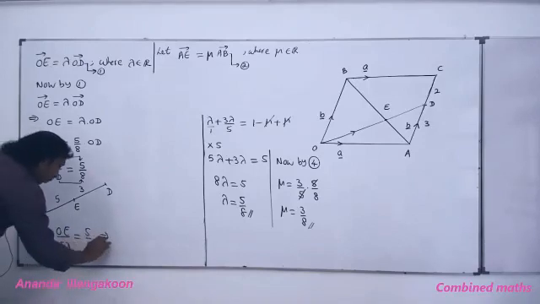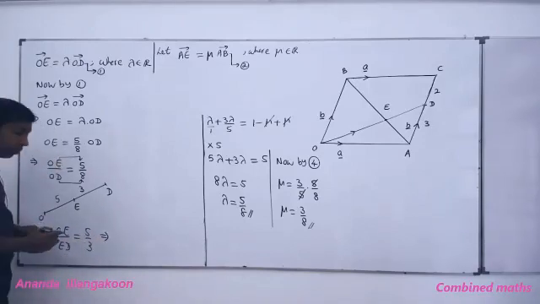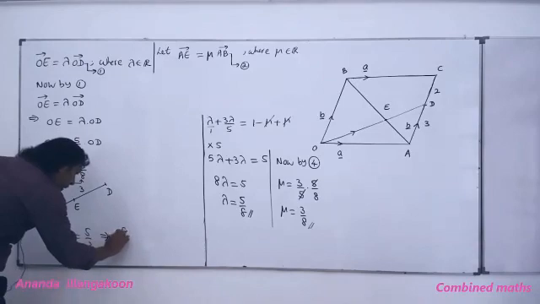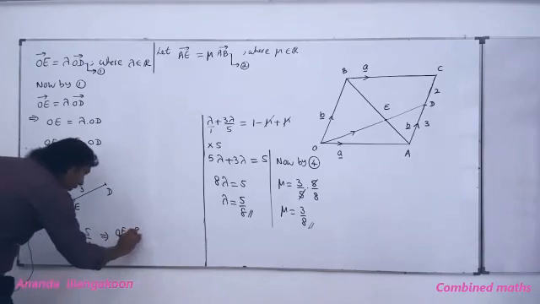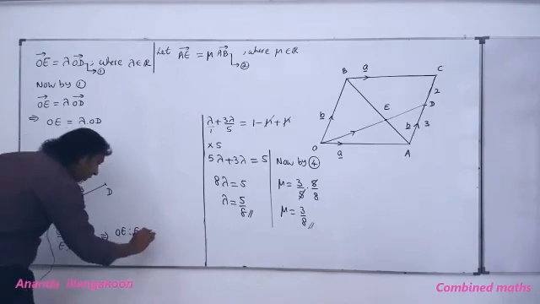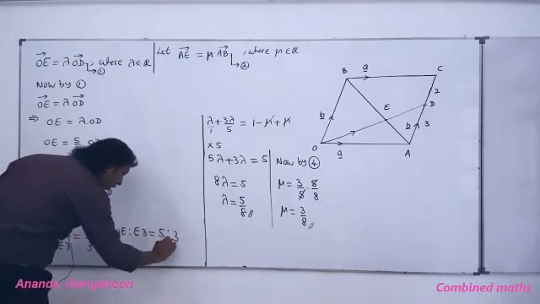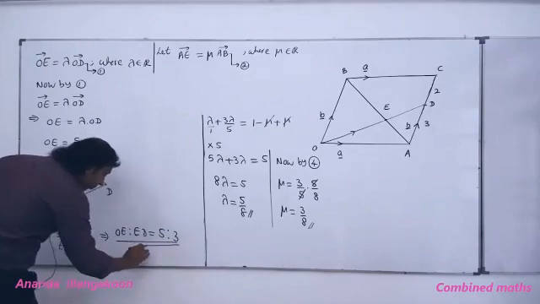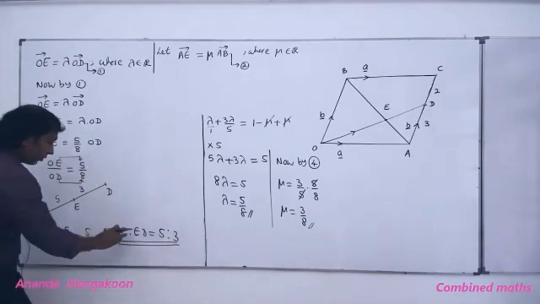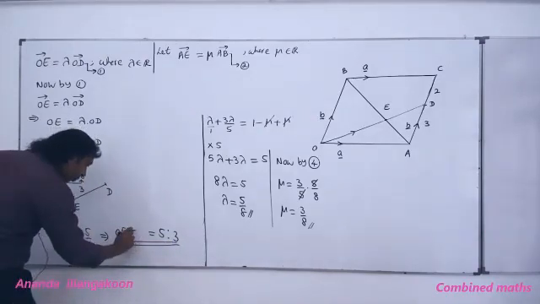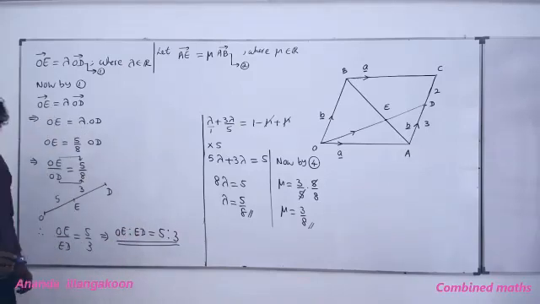Or else we can write using this ratio notation, OE is to ED is equal to what, people? 5 is to 3. Now this is the next answer. That's how we take that answer.